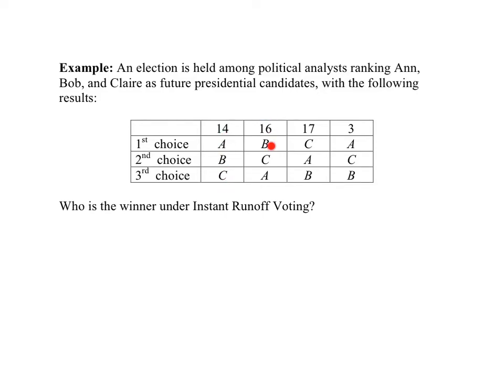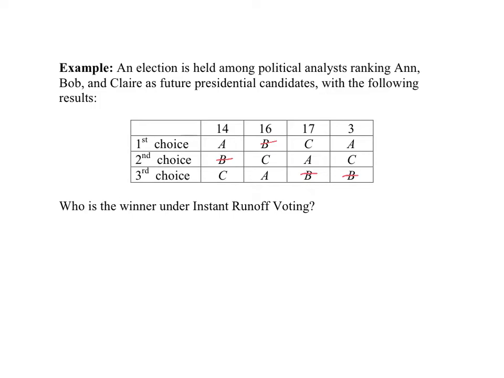Okay, great. So we have a not too horrendous looking preference table here, and we can ask, who is the winner under instant runoff voting? Well, the candidate with fewest first choice votes is Bob, because Anne has 17, Claire has 17, Bob has only 16. Therefore, Bob is eliminated.